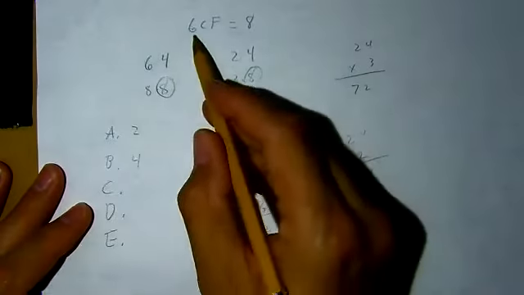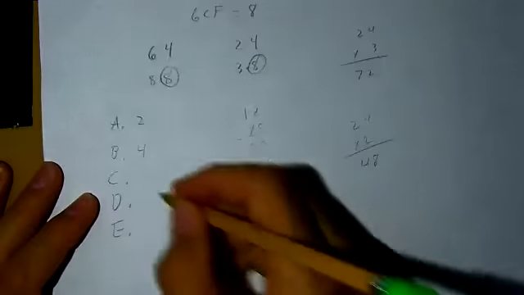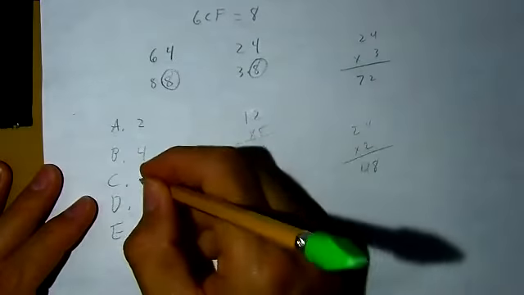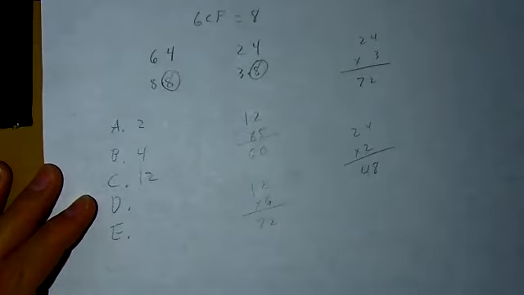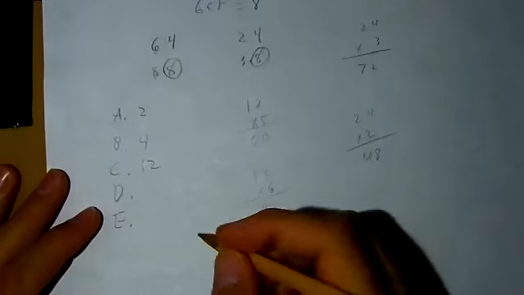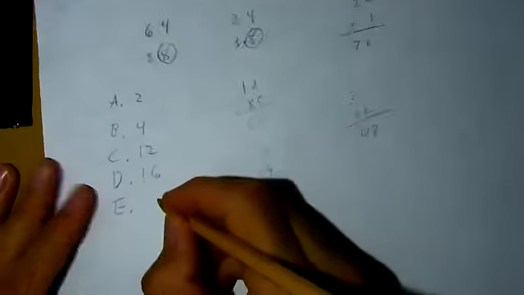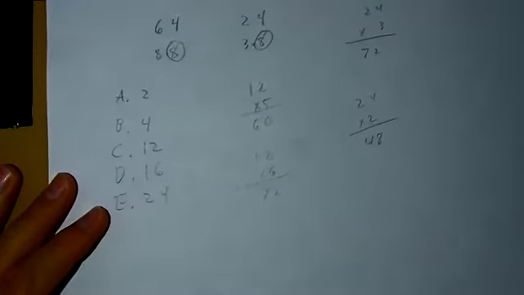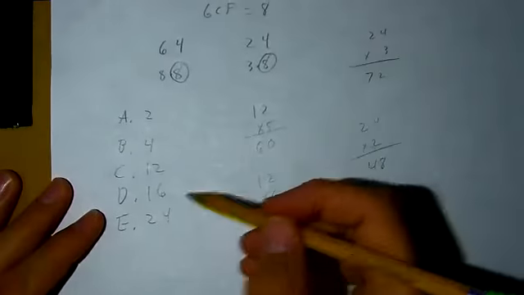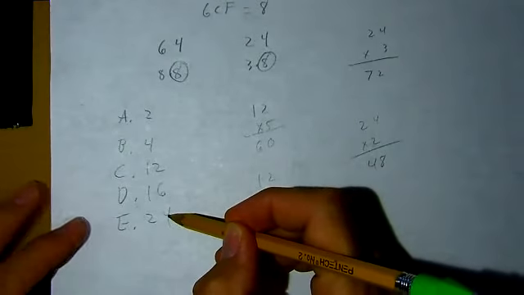But remember, you want the greatest common factor. And then they'll have 12, which is wrong, we determined. And they might have 16 and 24. So what I would suggest is starting with the largest number, like I did over here.